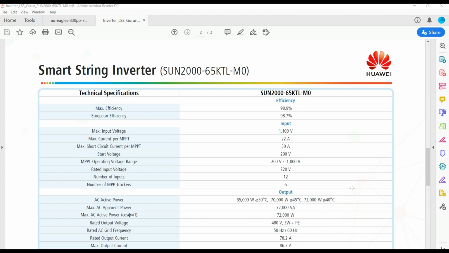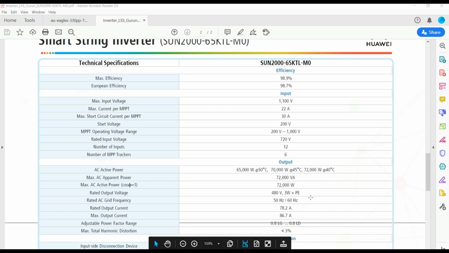So the inverter will turn on if the grid is within the grid frequency. For this inverter, we have 50 Hz and also 60 Hz. The maximum output current is 86.7 ampere, but the rated output current is 78.2. Usually in the design, we use the maximum efficiency, 98.9%.